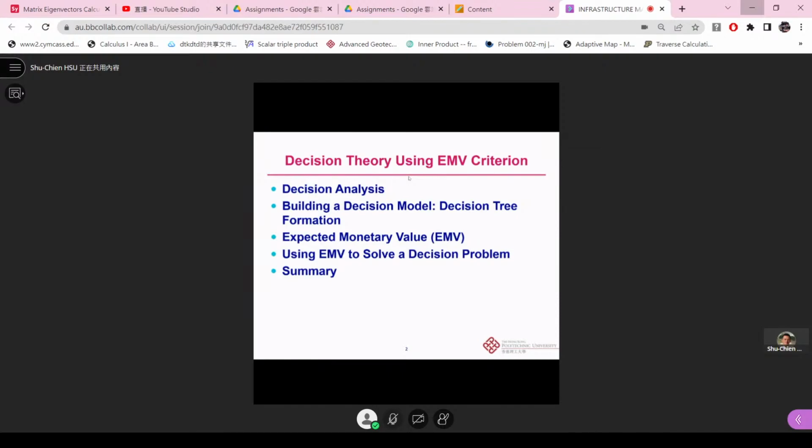We also talked about how to make decisions to choose between different alternatives based on your objective. We select projects based on the lowest cost or the highest profit. We also talked about cost benefit analysis last week, so we talked about those kinds of decision making criteria.